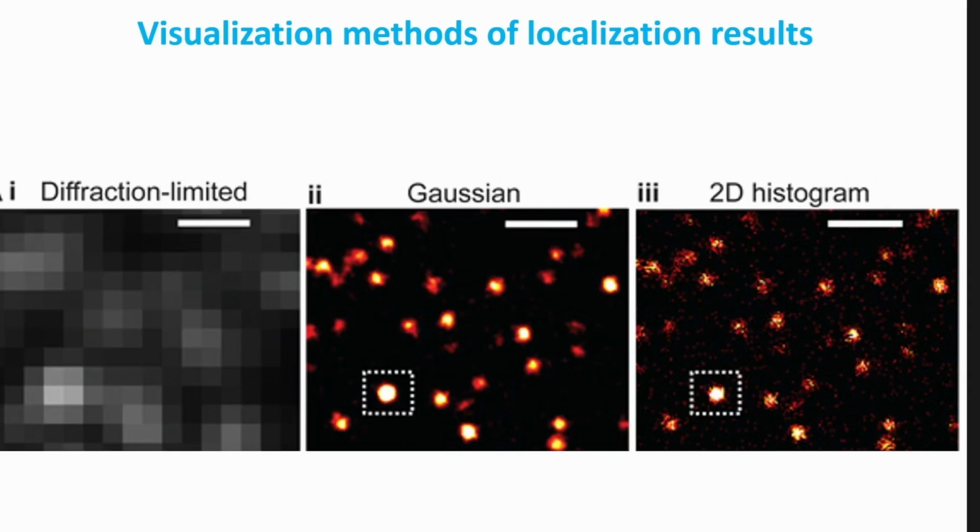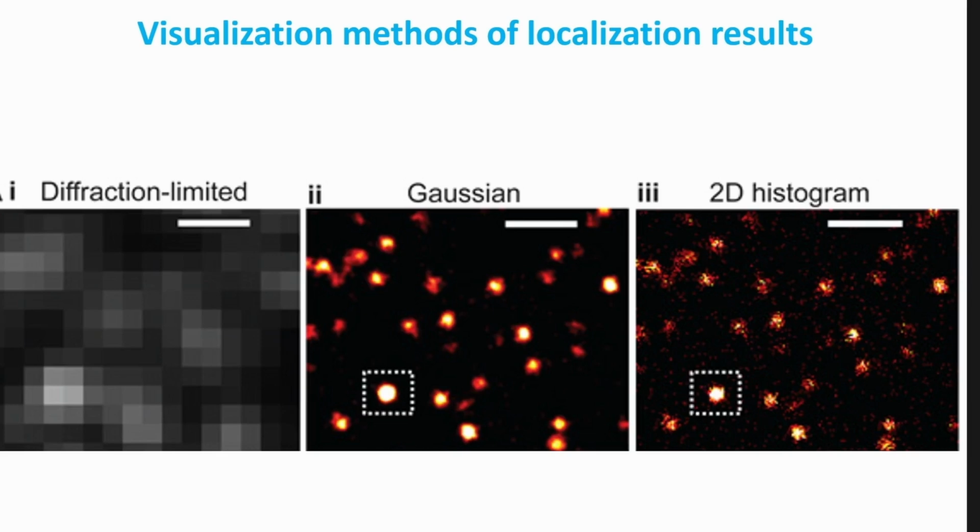Oh yeah, I wanted to talk to you very, very briefly about how we plot the results of a localization microscopy image. We can just put dots there where the center of the Gaussian function is, but that's really difficult to see. The other option is you simply draw the Gaussian itself that you fit.